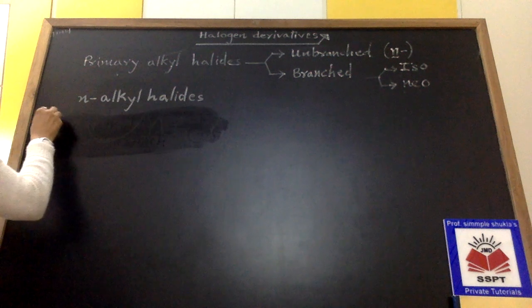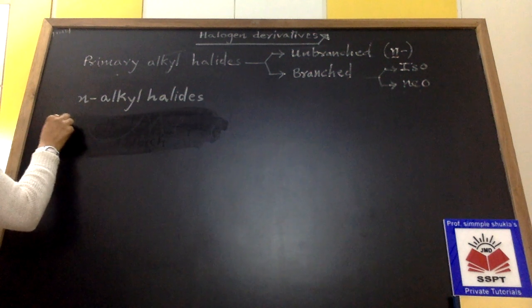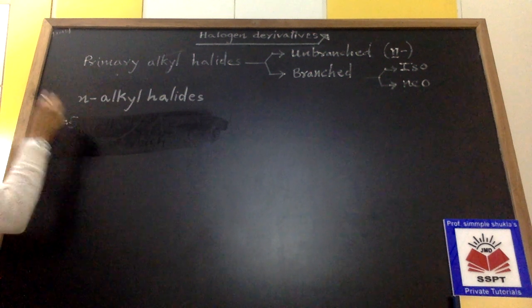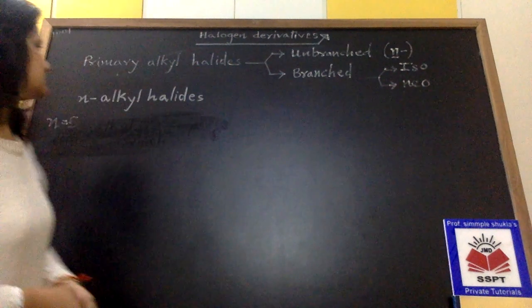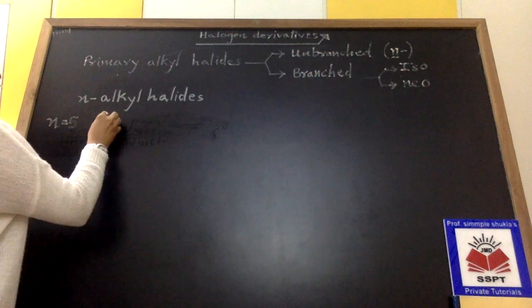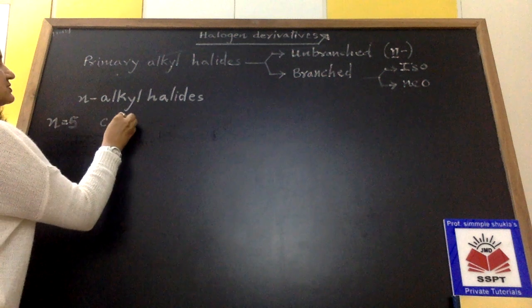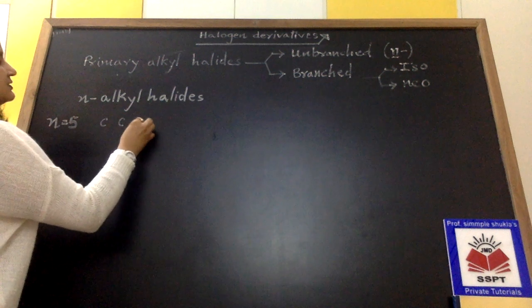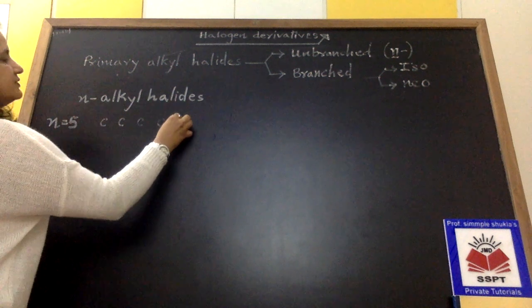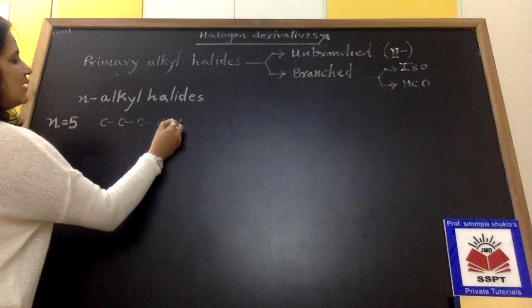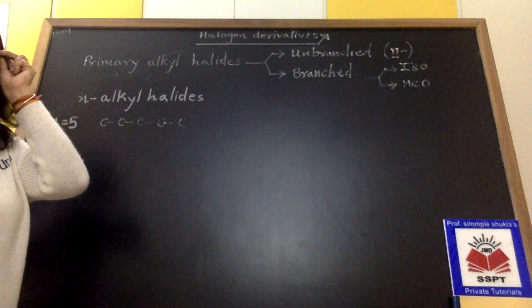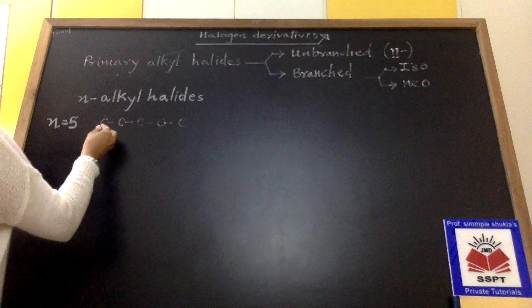Say, for example, we take 5 carbon atoms. Then I write 5 carbon atoms, one after the other, with single bonds, as it is haloalkane. Ane stands for carbon-carbon single bonds.